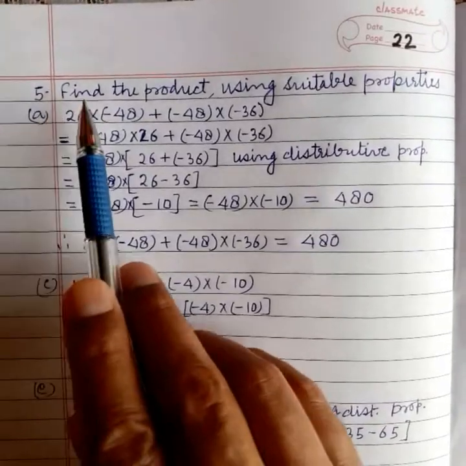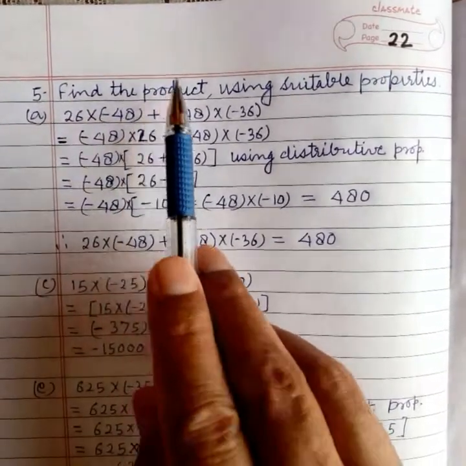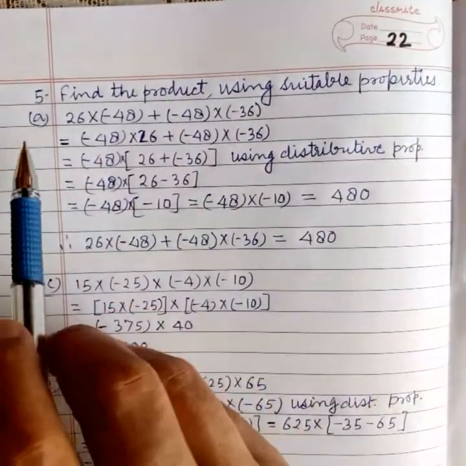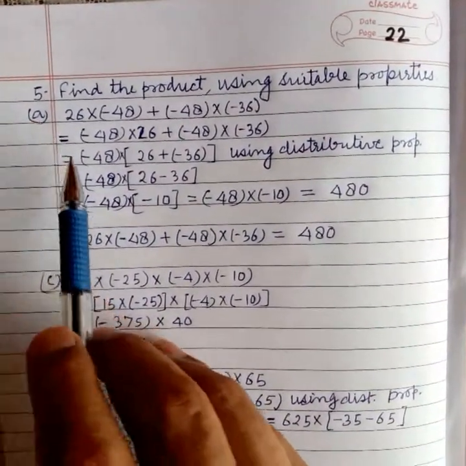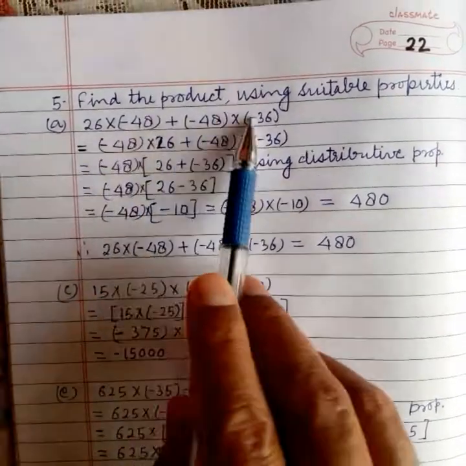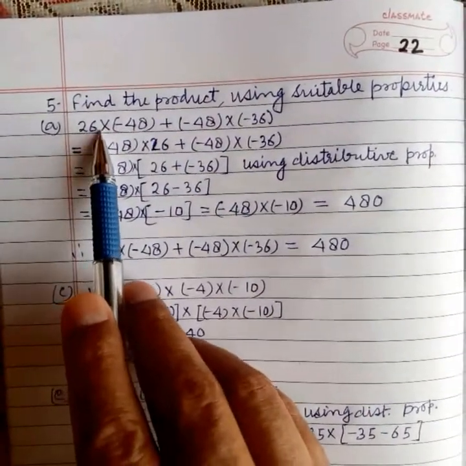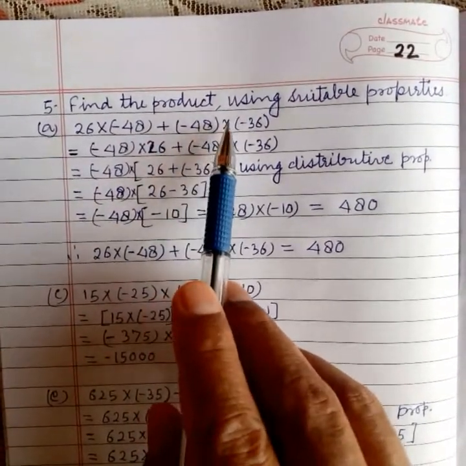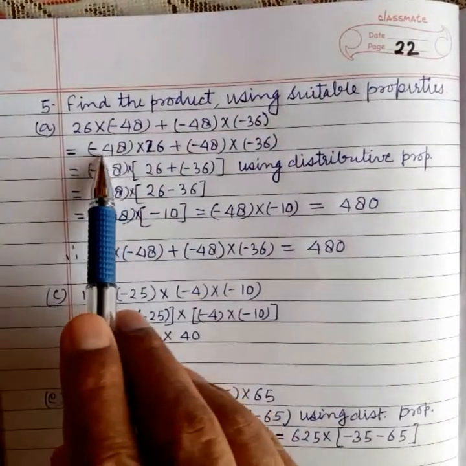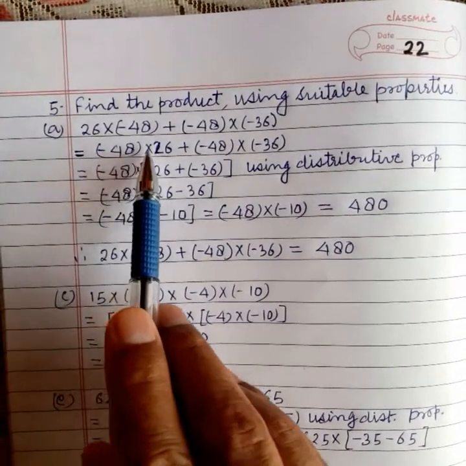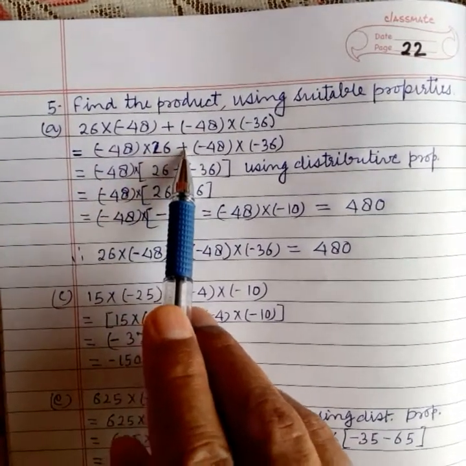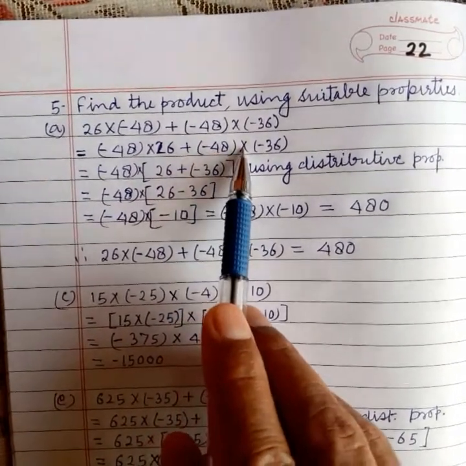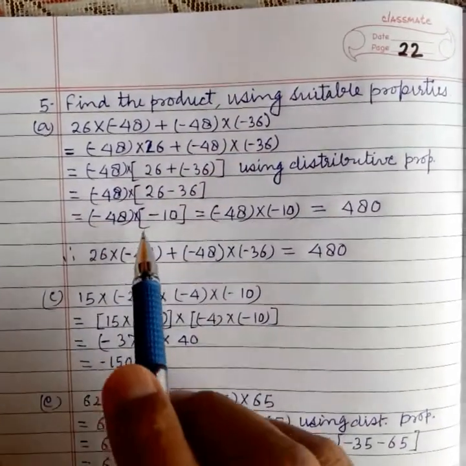Question number 5. Find the product using suitable properties. In the A part, we have to find this product: 26 into minus 48 plus minus 48 into minus 36. So it can be written as minus 48 into 26 plus minus 48 into minus 36.